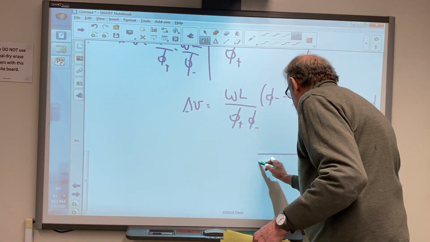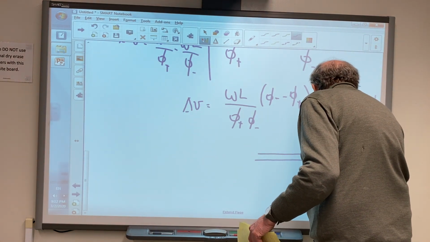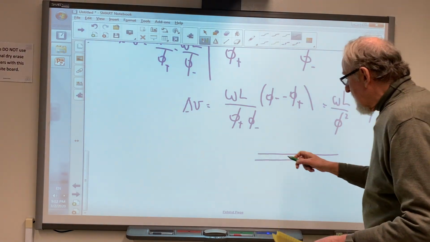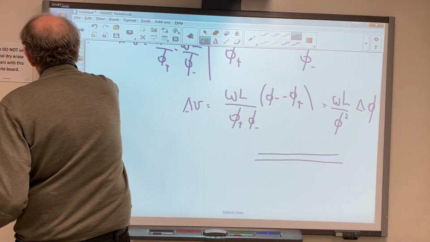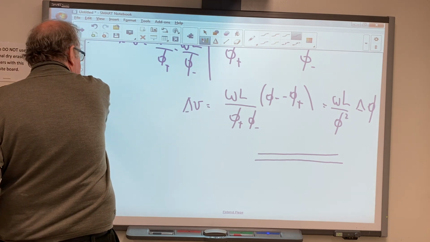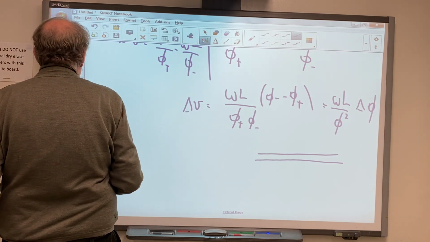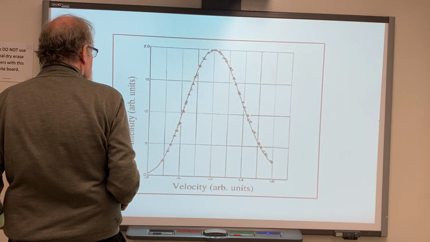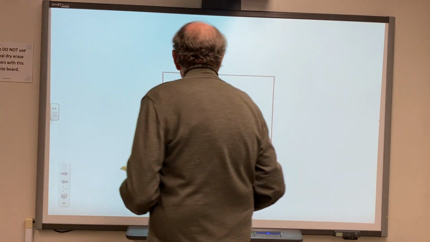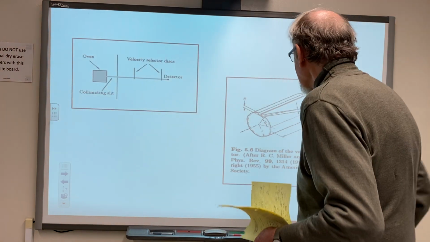If the tube has a width L, well, let me show you the picture that I have here. Go back to the picture a second. It's easier to show in that geometry. Here.